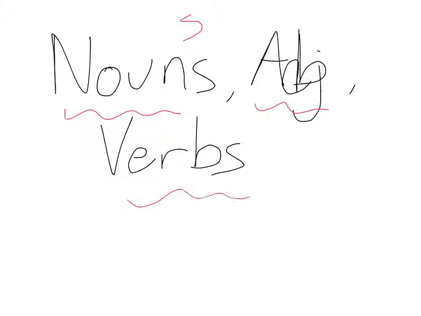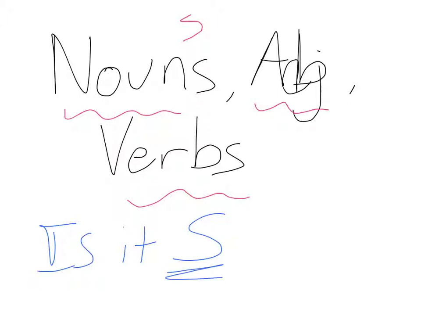It affects the nouns, the adjectives, and the verbs. So we need to constantly be asking ourselves, is this singular, which I'll mark as an S, or is it plural, which I'll mark with a P? That's going to be the question every step of our way, and one of the big pointers we'll focus on in the example.